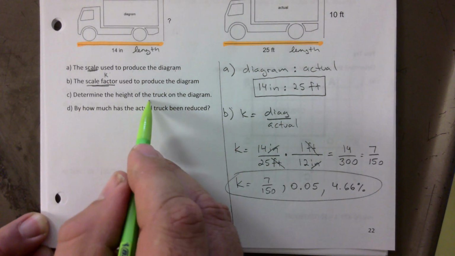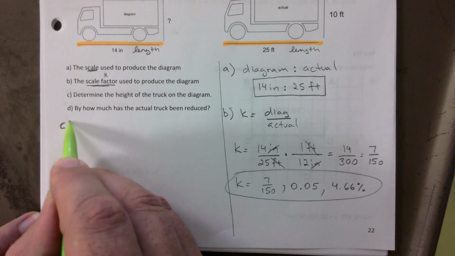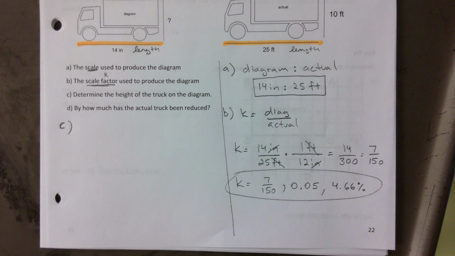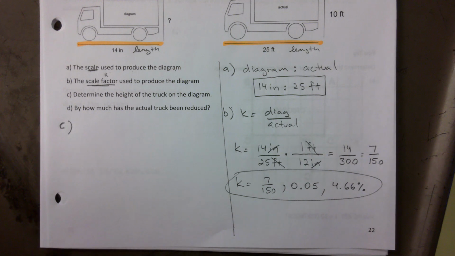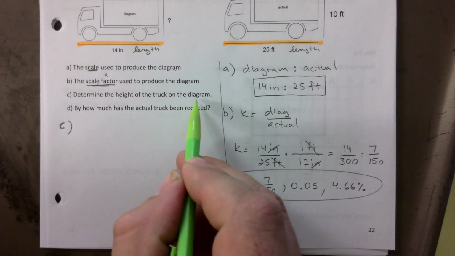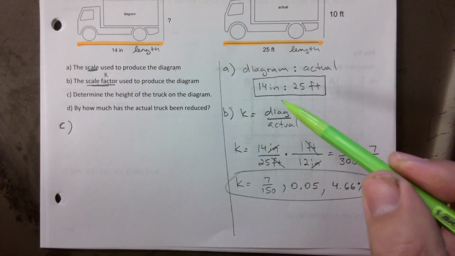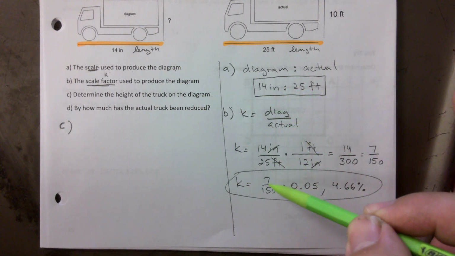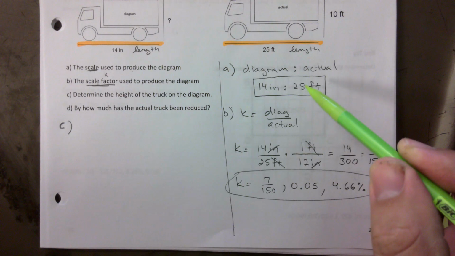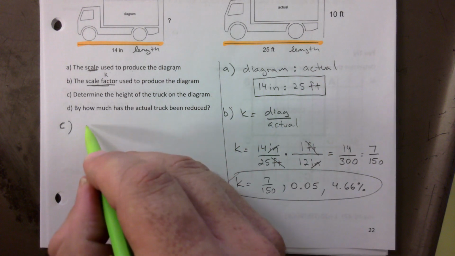C, determine the height of the truck on the diagram. So C is right here. And here's where I'm going to ask you to just use what you know, okay? You can use this fact right here or the scale factor. It's up to you what you want to use. But I'm going to use this one here and turn it into a fraction.